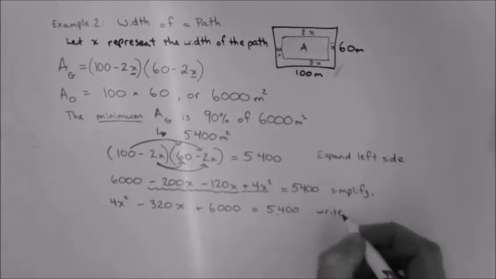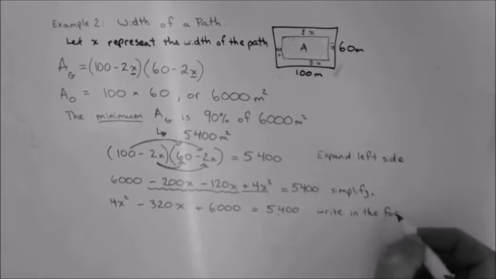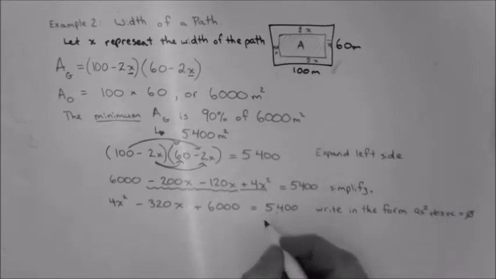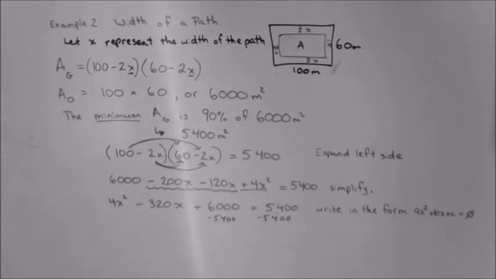Alright. Next step. Write in the form ax squared plus bx plus c equals 0, which means I'm going to be subtracting 5,400 from both sides.